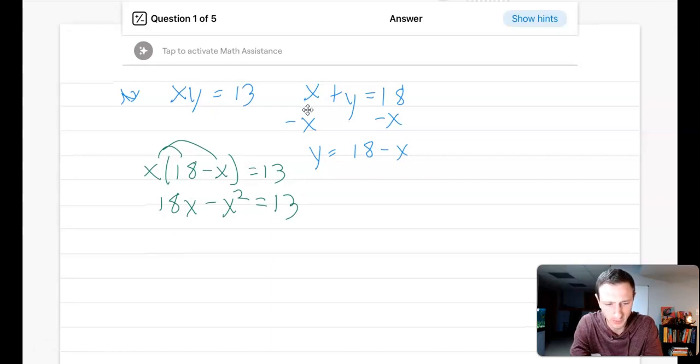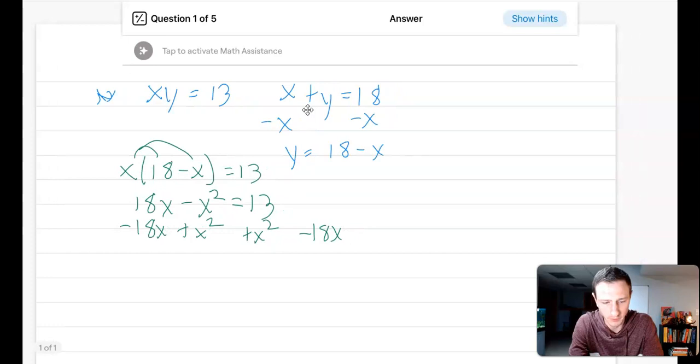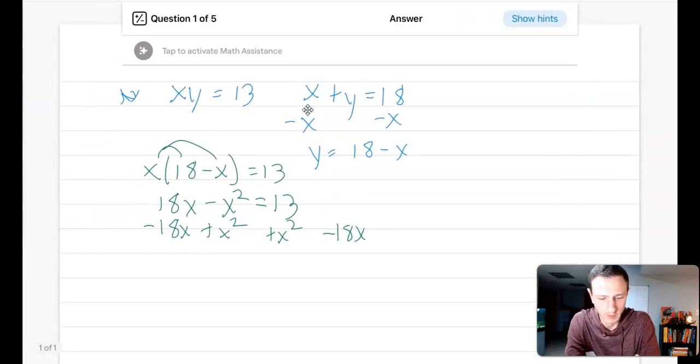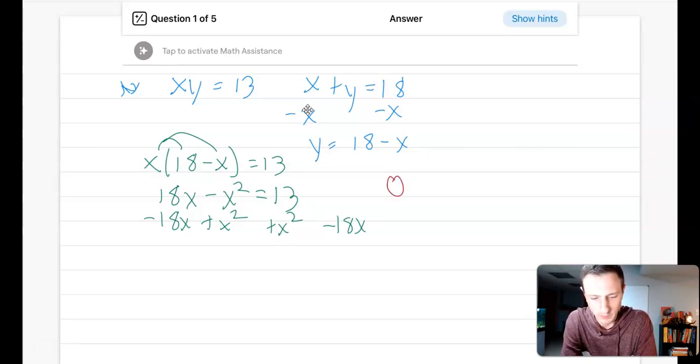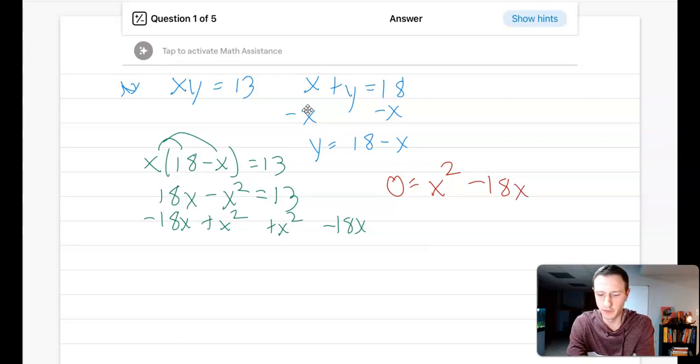So I'm going to add over x squared, subtract over 18x, add x squared, subtract 18x. So it's going to give me 0 equals x squared minus 18x plus 13.